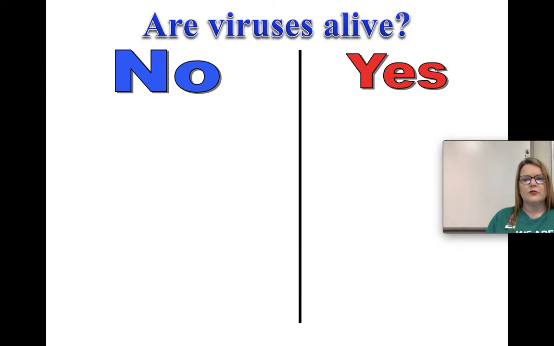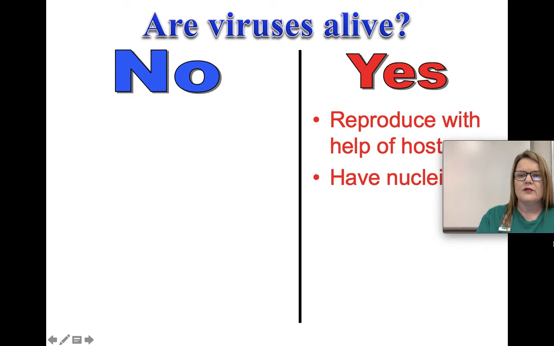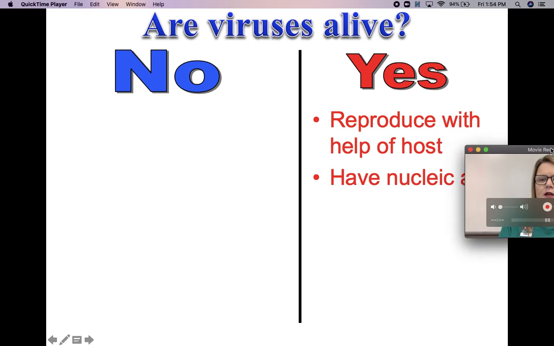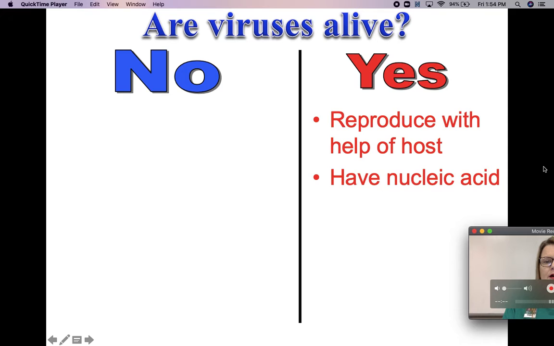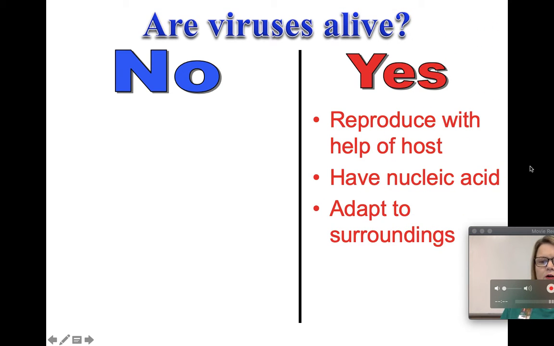So that brings us to, are viruses alive? They reproduce with the help of the host, so they do reproduce, but not on their own. And that's what is necessary for an organism to be considered living. They have nucleic acid, like DNA or RNA. They adapt to their surroundings.